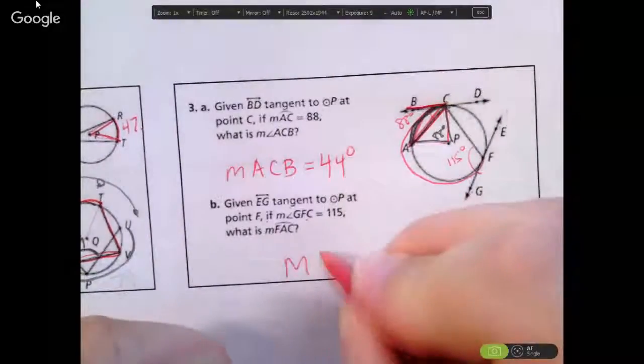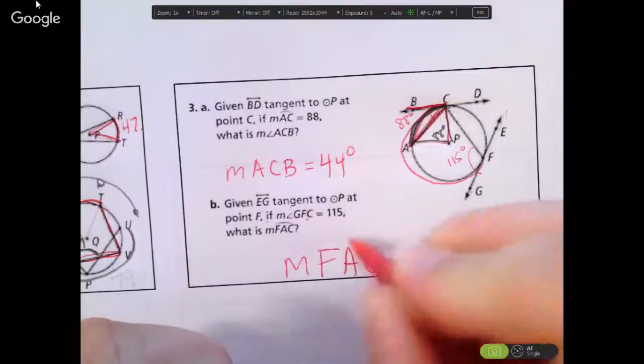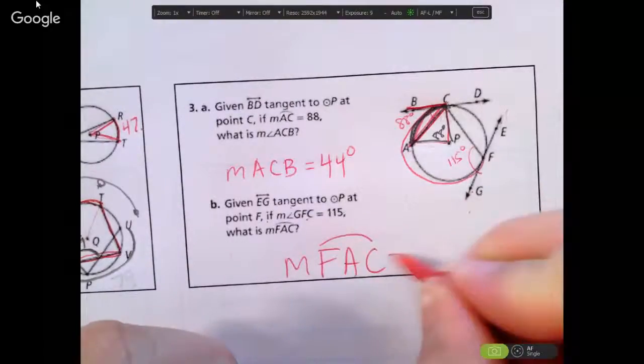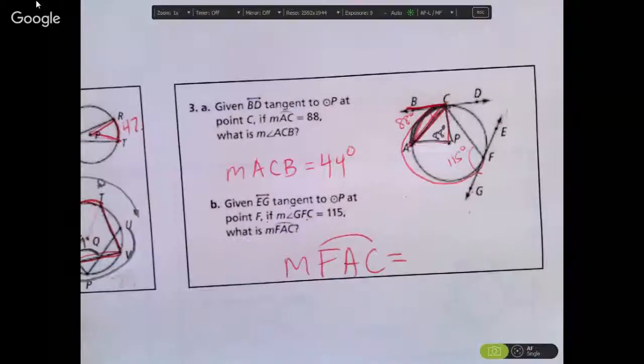That's angle A, right? So now is that 44 or is that 88? When it's an arc, it's the central angle. They're giving you the central angle. It's just another way of doing it.